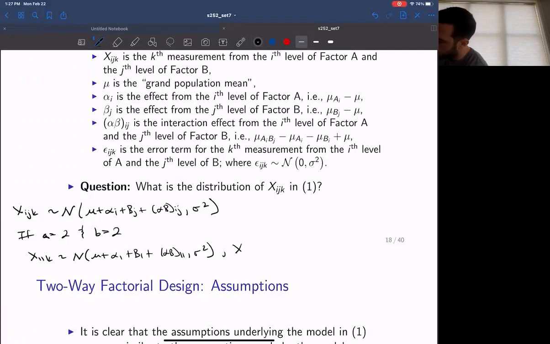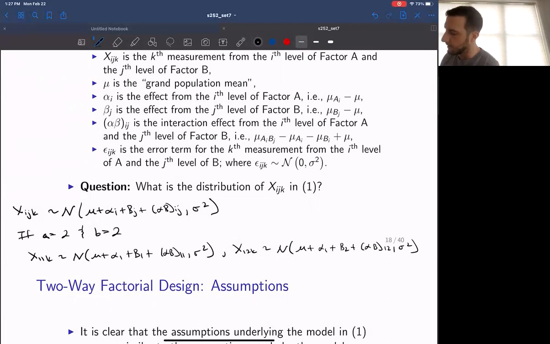Then we would have x 2k distributed normal with mean mu plus alpha 1 plus beta 2 plus alpha beta 2, and variance sigma squared. You'd have the same things for the other values.